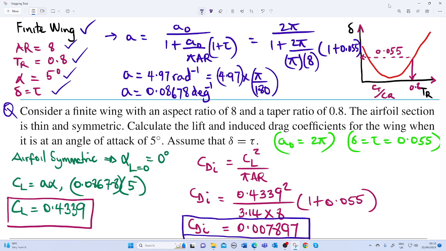So by slotting all the values into this particular equation, we can deduce that our a equals 4.97 per radian.